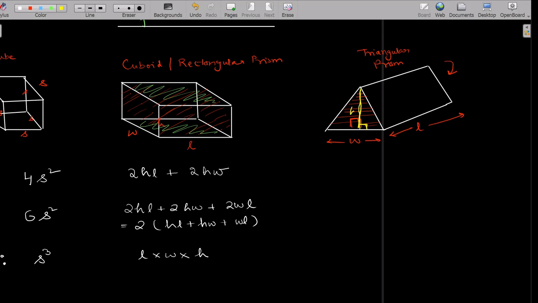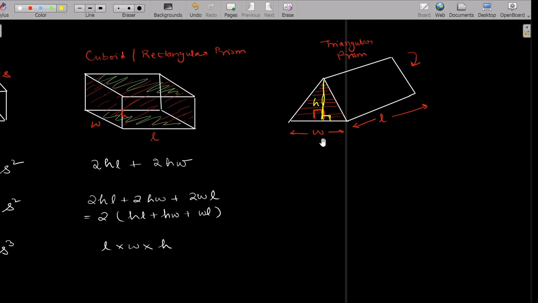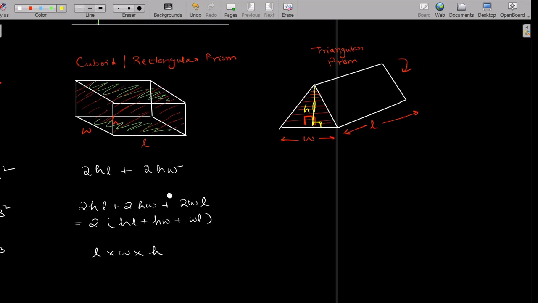That's the height. In a triangular prism you should only know about the volume. There is no such formula for lateral surface area and total surface area.